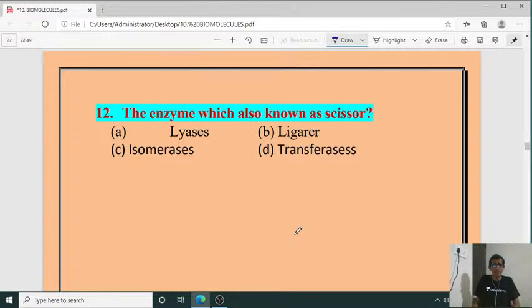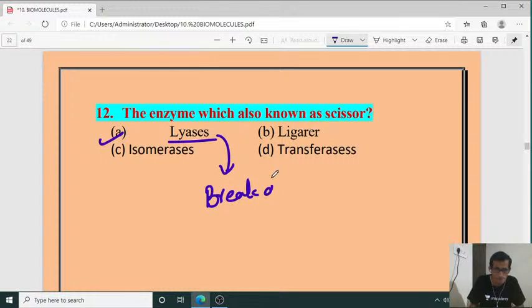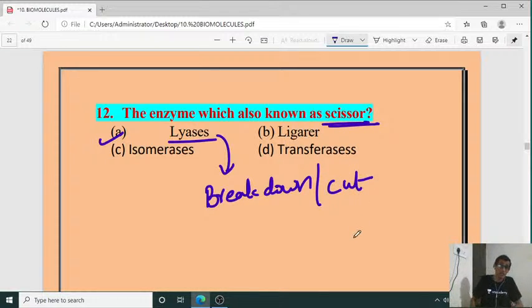Then the enzyme which is also known as scissors. So 12th one, it is lyases. Lyases refers to breaking down or cutting, so it is called scissors. Molecular scissors are the endonucleases, the restriction endonucleases.